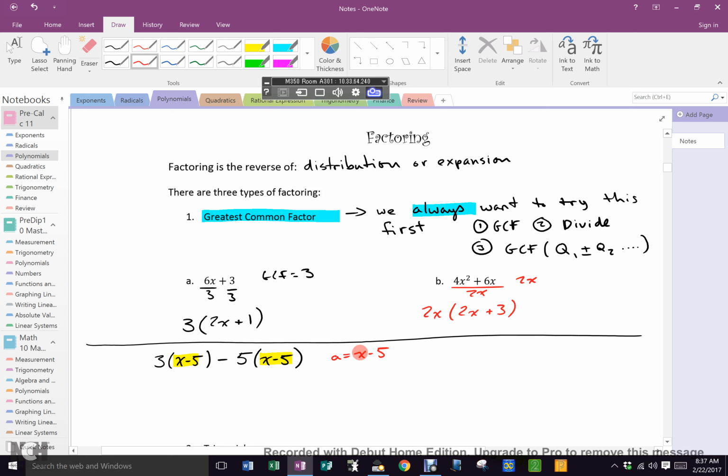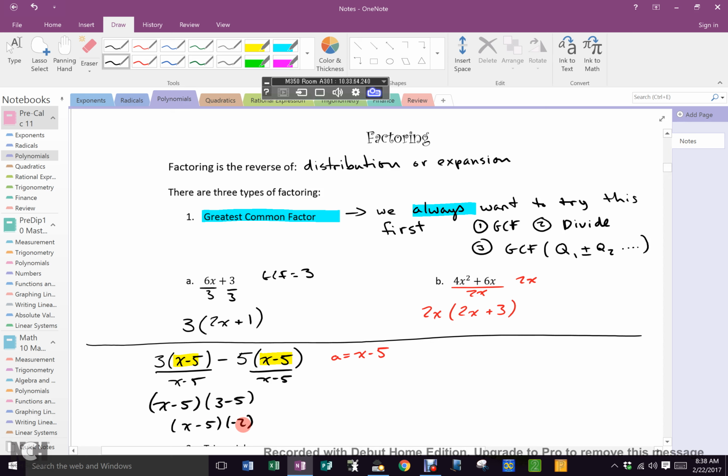Then everything else just goes normally. I divide both by x minus 5, and then I rewrite as x minus 5, and then the quotients, 3 minus 5. What is 3 minus 5? Negative 2. So this is x minus 5 and negative 2. Cool? Everyone is good?